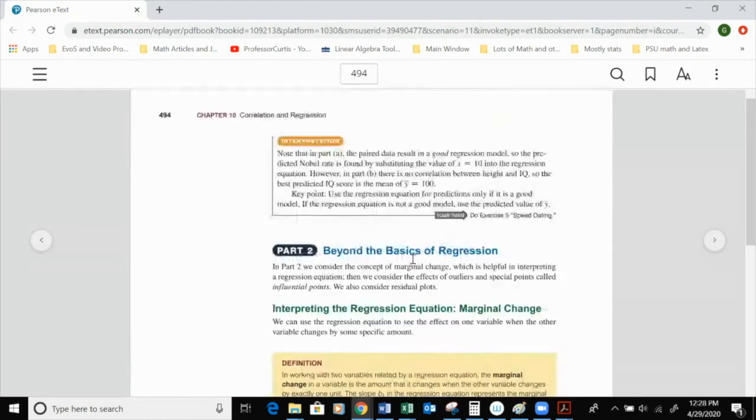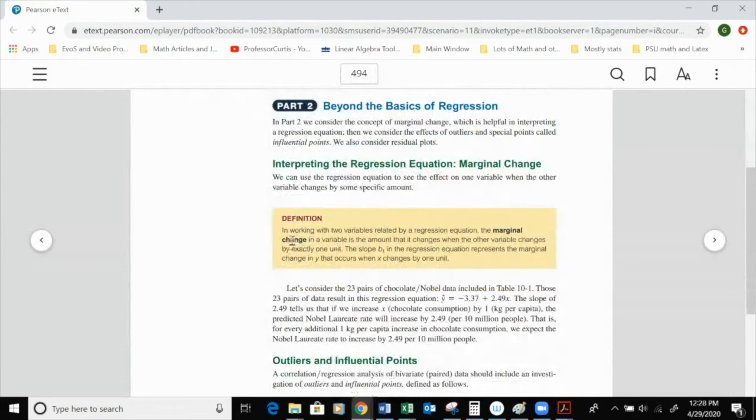And so that's the slope. And in fact, the marginal change, if you change x exactly 1 unit, then it's multiplied by the slope. And so b1 is the marginal change. That's how much the y will change.